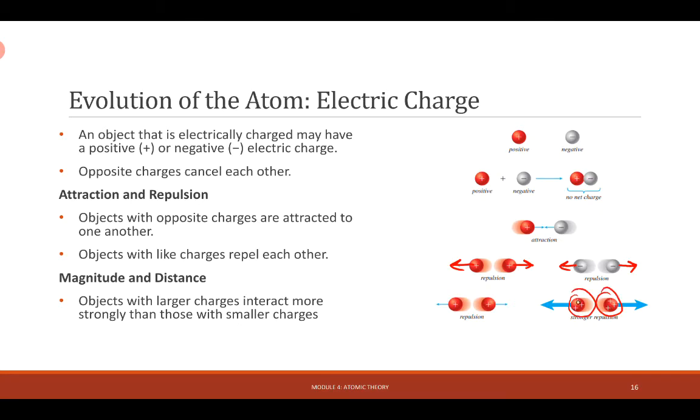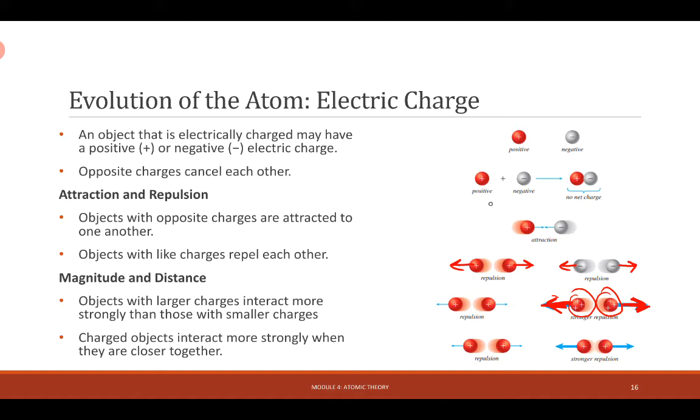Each of these has 3 positive charges inside, and the arrows are much bigger than when there's only 1 positive charge inside. So more positive charge means more repulsion, or more attraction if they're oppositely charged. It also scales with distance. These are farther apart, so the arrows are not as big as these which are close together, and now they are much bigger arrows because they are closer together.